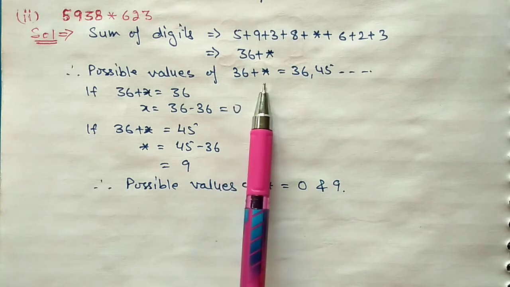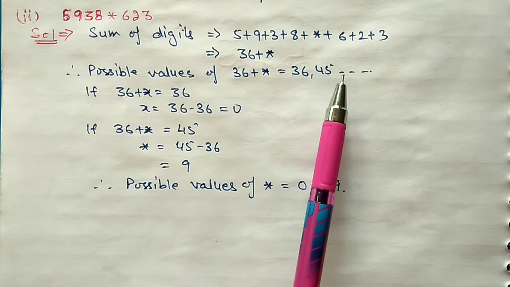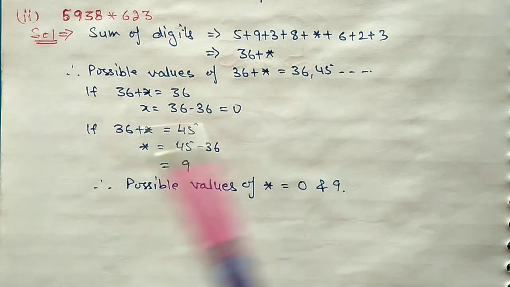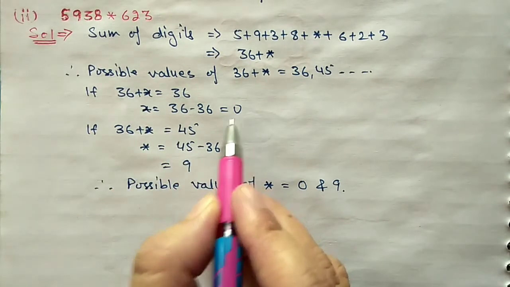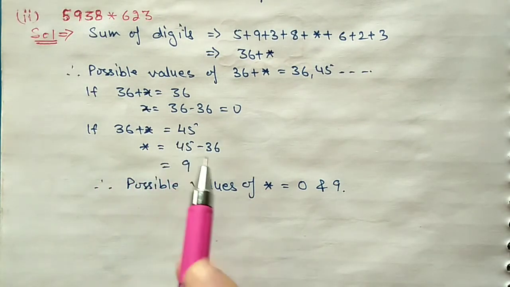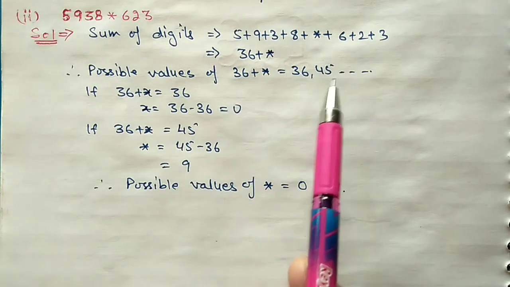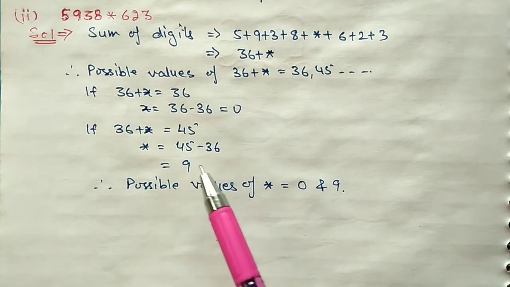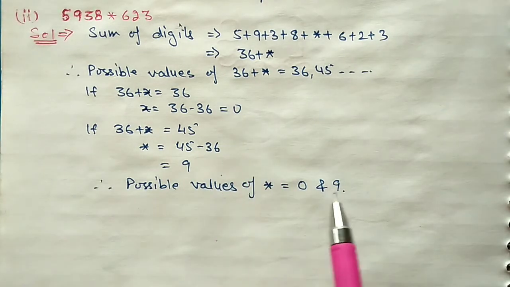So 36 plus x we can compare with 36, then 45 and then 54. So if we compare with 36, in that case star value we are getting here 0, and then if we are comparing 36 plus x with 45, then this we are getting 9. And when we will compare with the next number, then we will get 18, which is not applicable. So the possible values of star is here 0 and 9.